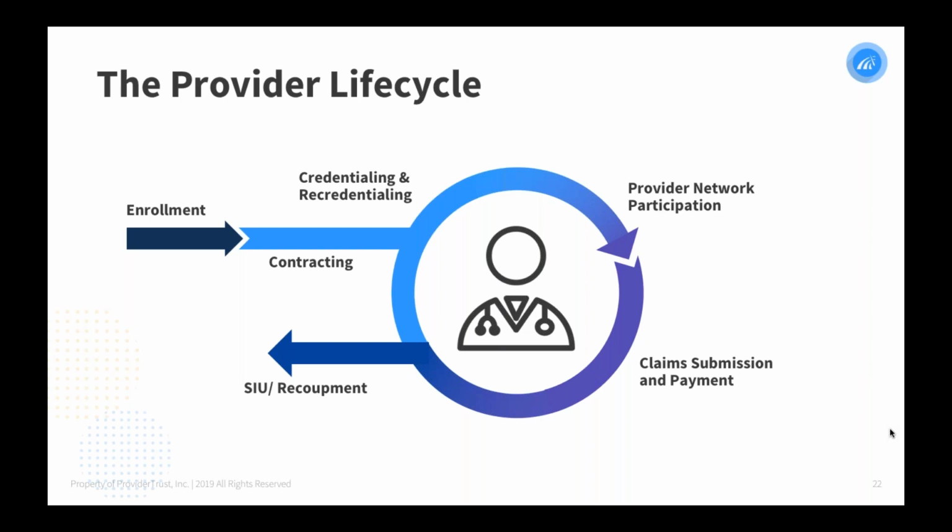And we've spoken to some plans who just don't have the systems or the bandwidth or the infrastructure to check their non-PARs on a consistent recurring basis to make sure that those providers are okay and are not excluded on any of those primary sources that Colby referenced earlier.